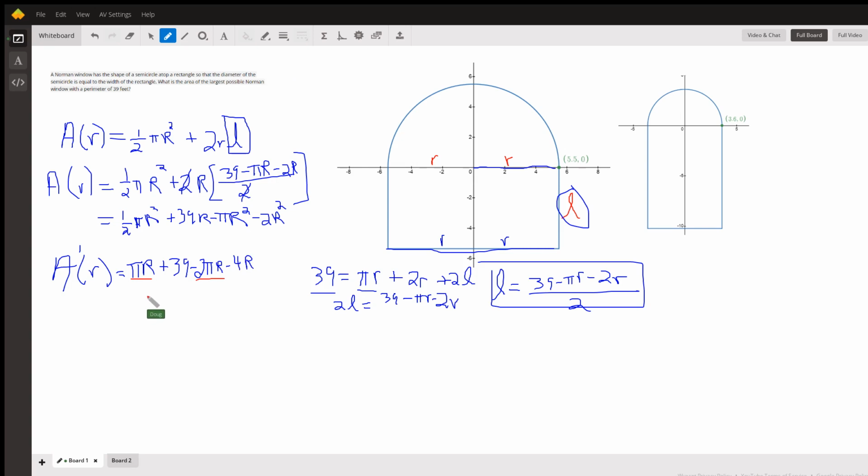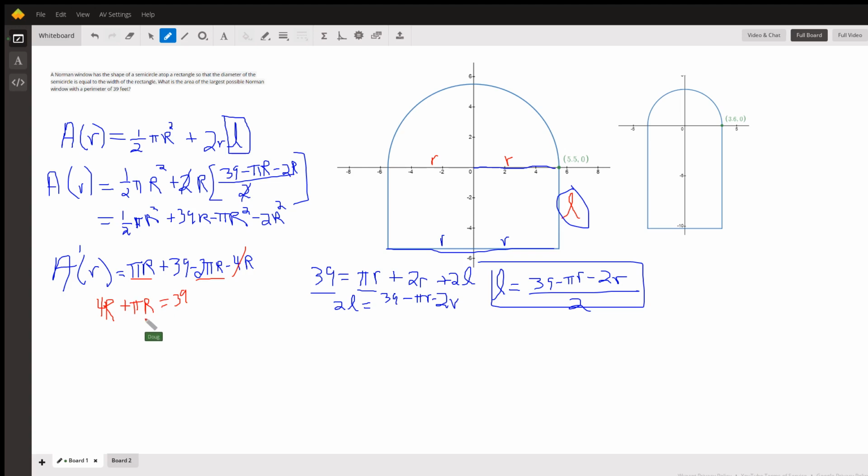And so as I set that equal to 0, I'm just going to bring all the terms with r to the left side of the equal sign. So I have 4r. I had a minus 2r and a plus 1r is a minus pi r. Bring it to the left side, I get a plus pi r equals 39.